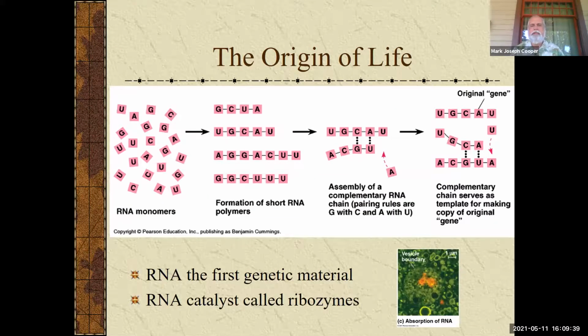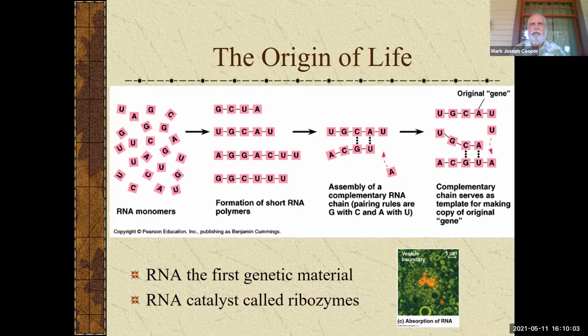And then the last thing would be RNA. Today, we think of the genetic information as DNA, and it is in most species. Viruses do have some RNA strands, but DNA is the genetic material for life.